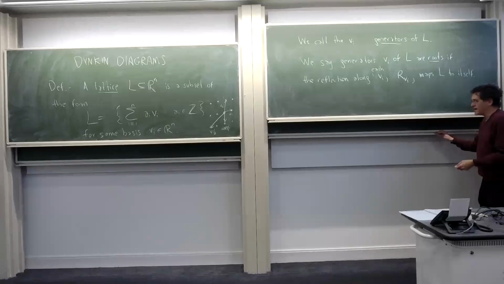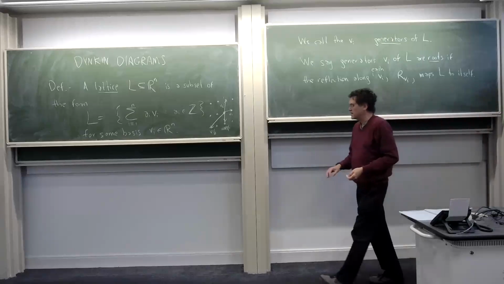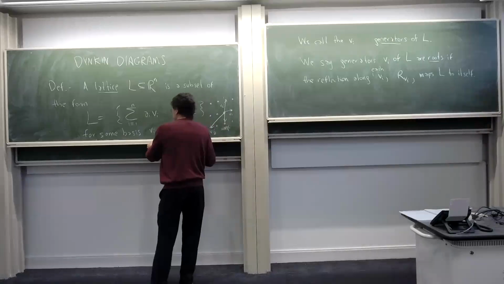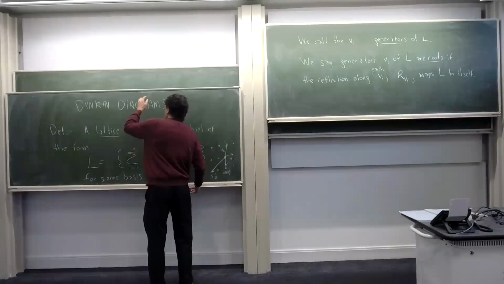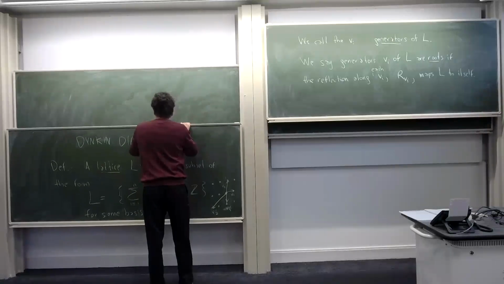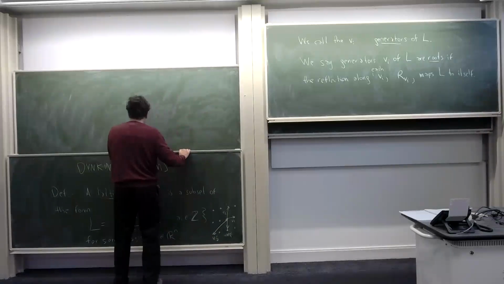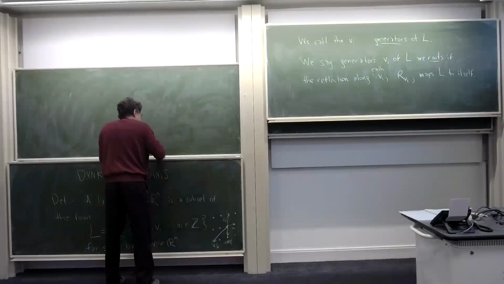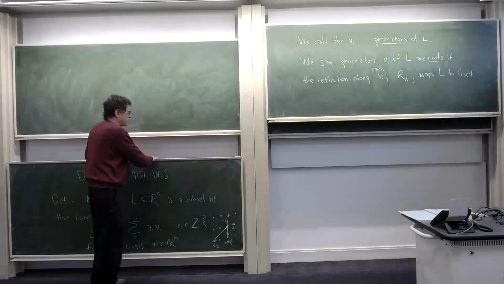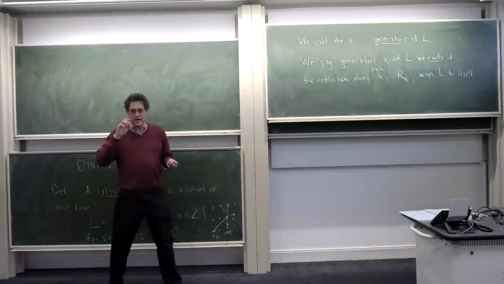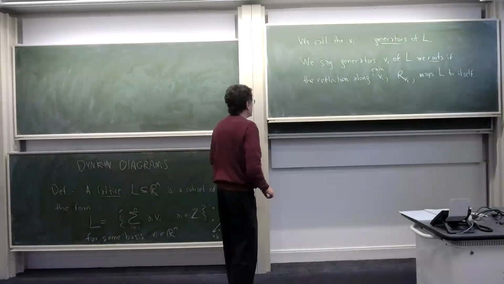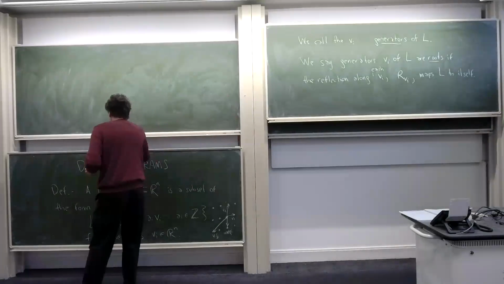So not every lattice has roots. And some lattices can have more than one very different kind of choice of roots. So we'll see examples of all that stuff. But I just want to tell you what Dynkin diagrams classify, which is the idea of a lattice.